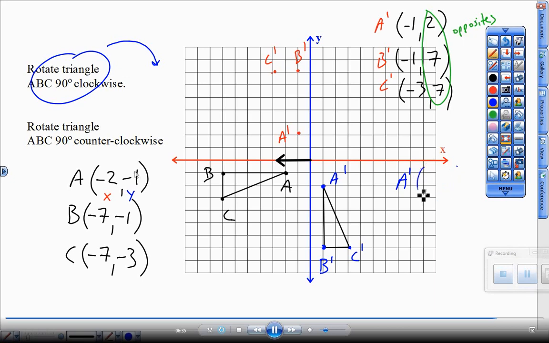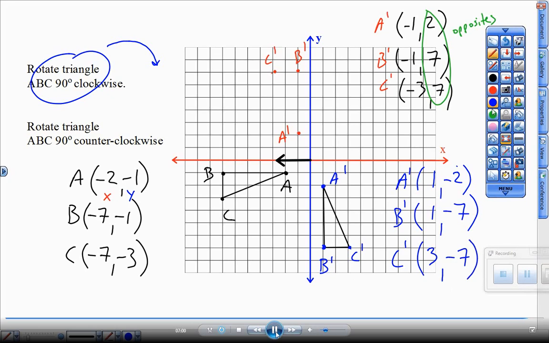So again, flip these. So it's -1, -2, and make the left side opposite. So +1, -2. Flip-flop. -1, -7, but make that left side opposite. So that's going to be 1, -7. And C, flip it around. Opposite of -3 is 3, and then -7.